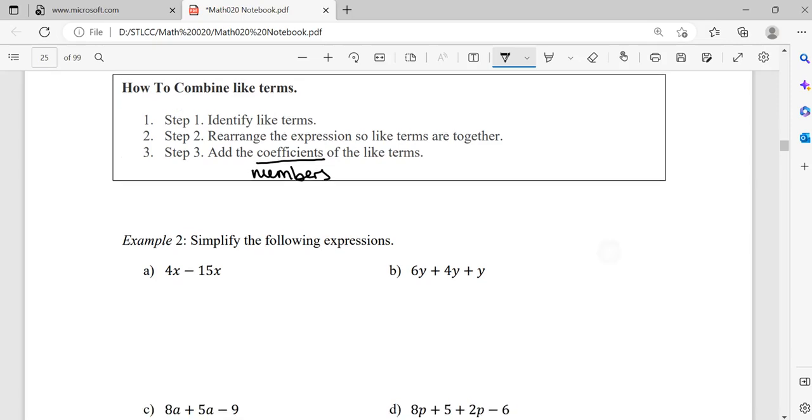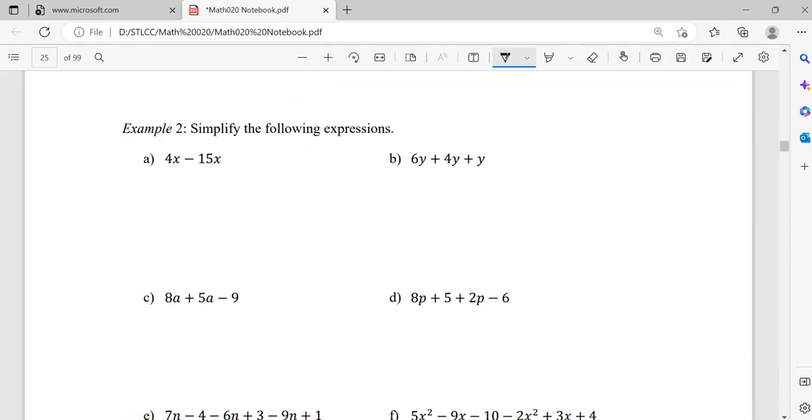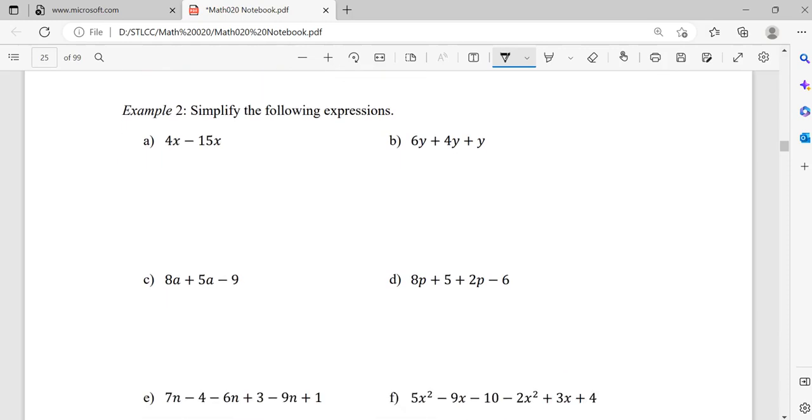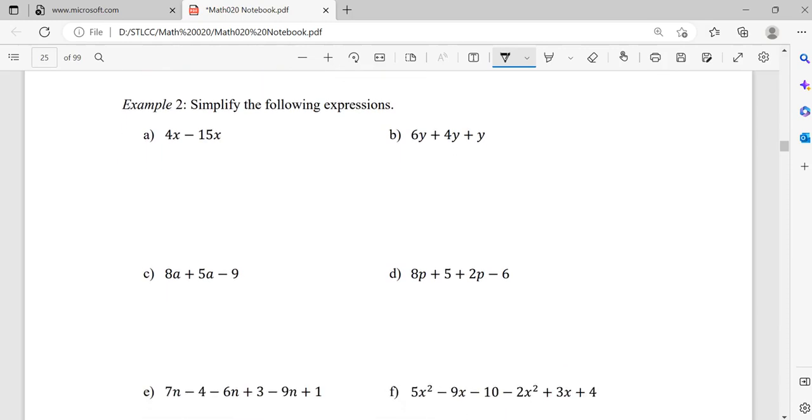Okay, so let's go ahead and look at our examples. Simplify the following expressions. The first one is 4x minus 15x. That one actually we need to change to 4x plus 15x, because we're not ready for negative numbers yet.